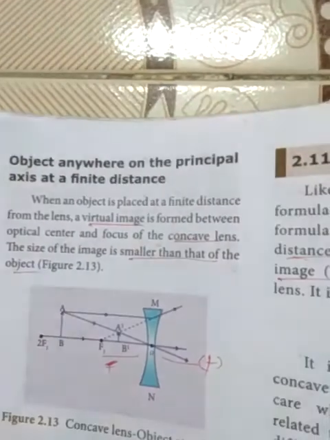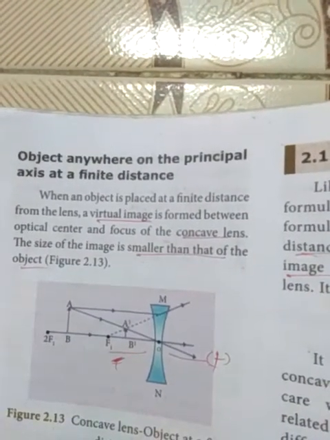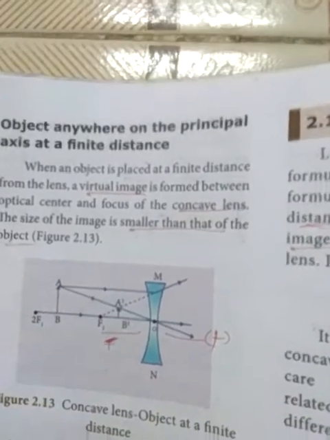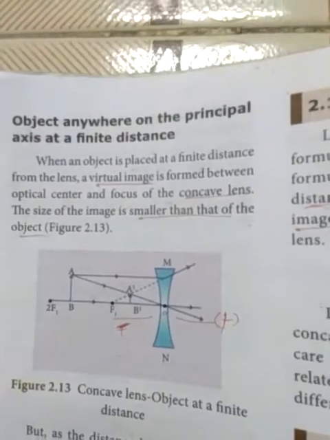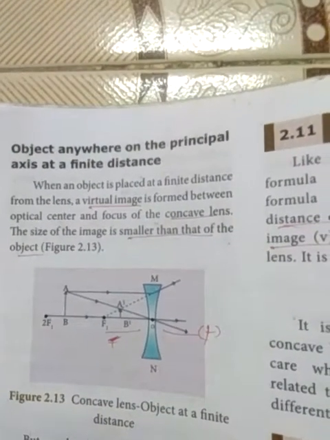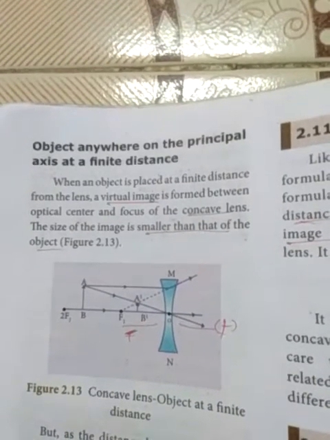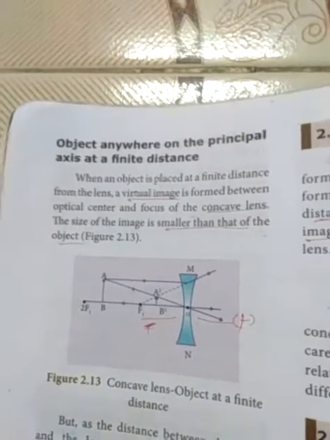Next, the object is placed anywhere on the principal axis at a finite distance. First we take a concave lens, and in front of it at some distance we keep one object.